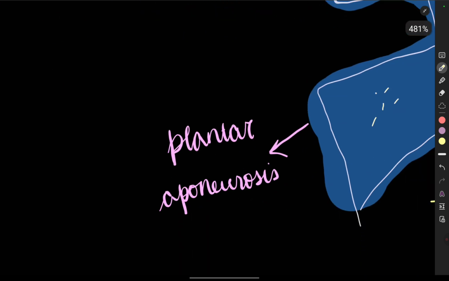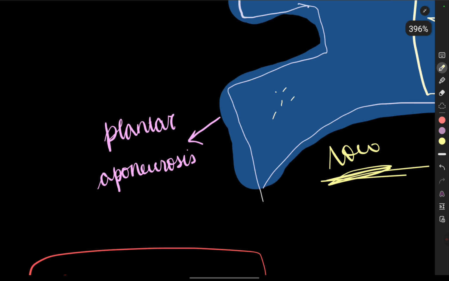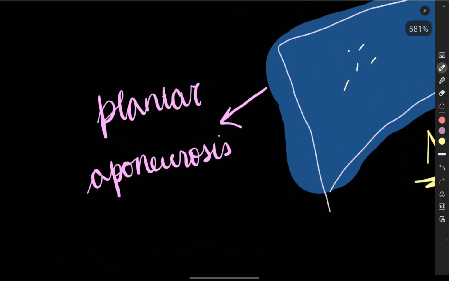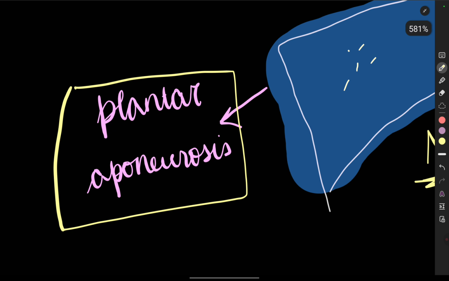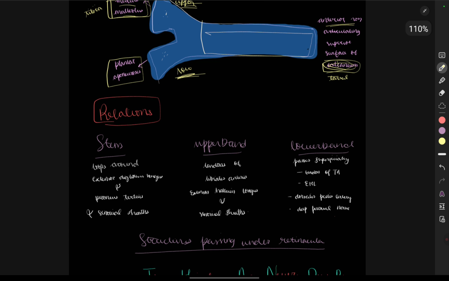And the lower band goes medially downward, medially only but downward, to attach to the plantar aponeurosis. In the upper limb we had the palmar aponeurosis, in the lower limb we have the plantar aponeurosis. So let us study the relations.